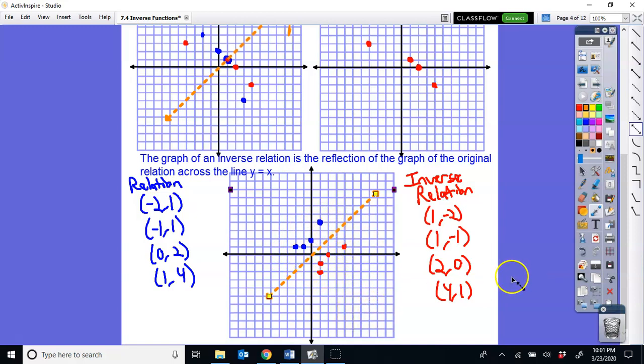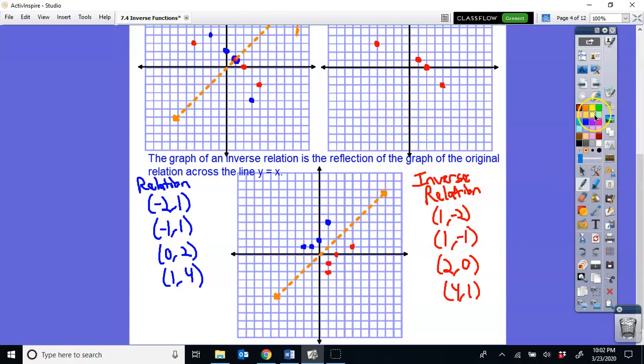But what we're saying is that anytime you switch those x's and y's, it will flip across this line. The reason it doesn't flip across this line when you're on the line is because on this line, every x and every y is equal. That is literally the line y equals x. So if you flip the x's and the y's there, they will not change. They will be the same points still.